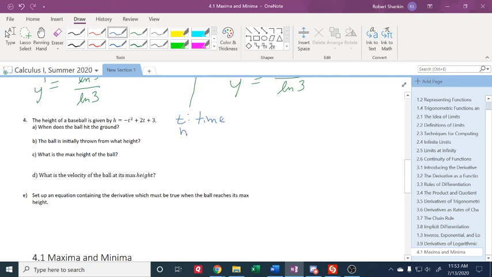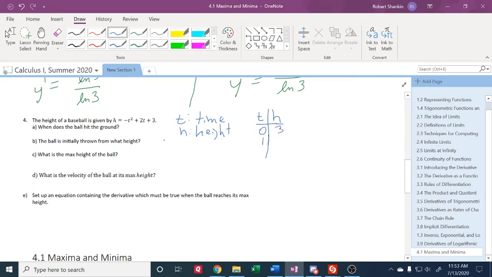H is height. It doesn't say what units that's in either. And I might just play around with some values in here. Time usually starts at 0.